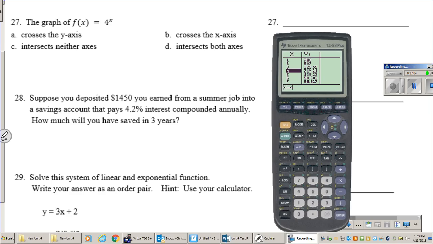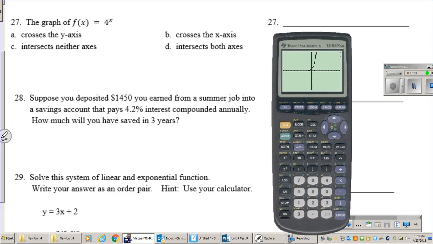Okay, in number 27, it says the graph of the function f of x equals 4 to the x power. If you look at our answer choices, it crosses the y-axis, it crosses the x-axis, it intersects neither axis, or it intersects both axes. So the easiest way to do this problem is just to go to y equals. We're going to type the function in, so 4 raised to the x power, and then go to our graph.